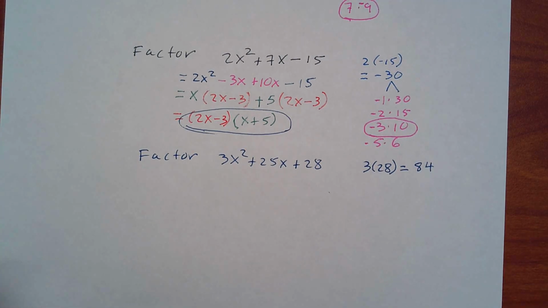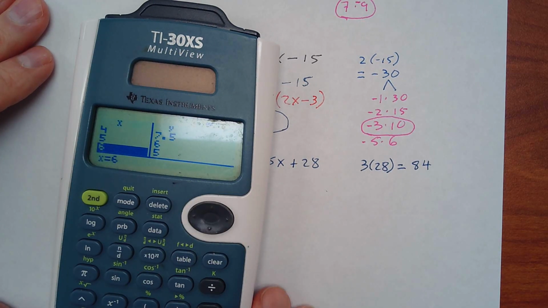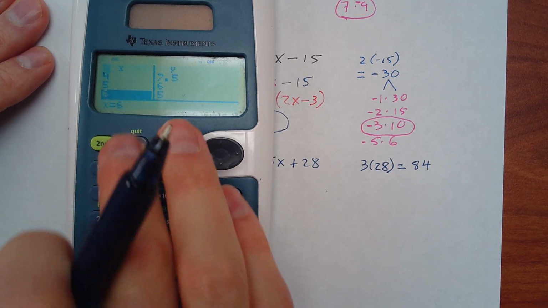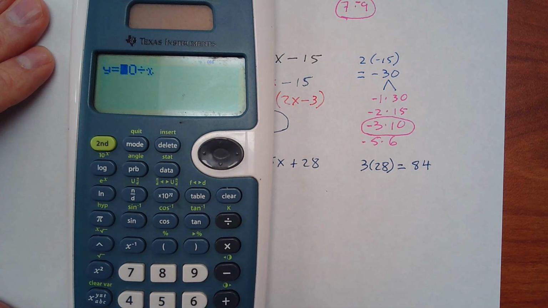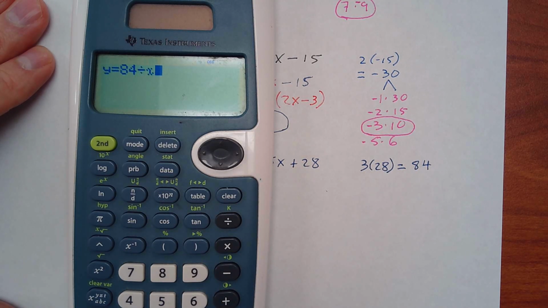So now I've got to break down 84. So I'm going to bring over my calculator. Do my second quit to get out of all this, hit my table key. Go ahead and replace that by 84 divided by x. Hit enter. Again, I'm going to start at 0.